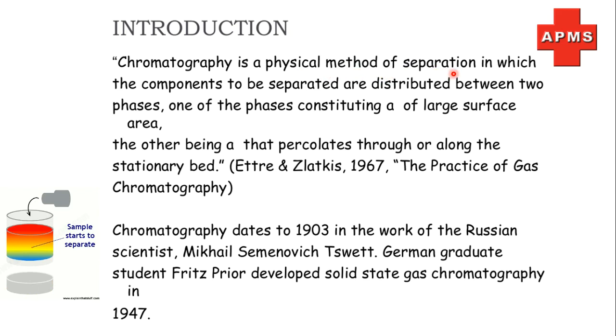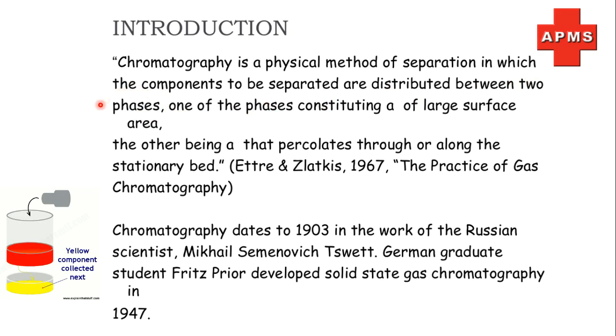organic compound mixtures, in which the components to be separated are distributed between two phases. Now this is the new thing, these two phases. In each type of chromatography there must be two types of phases present in that system.